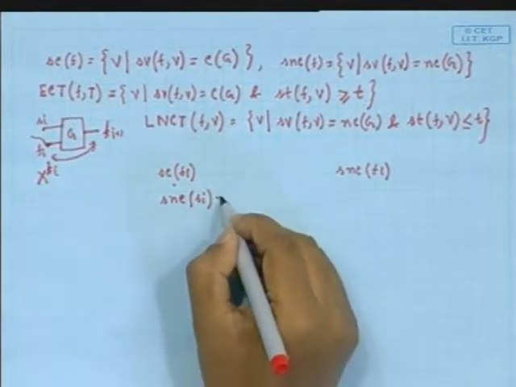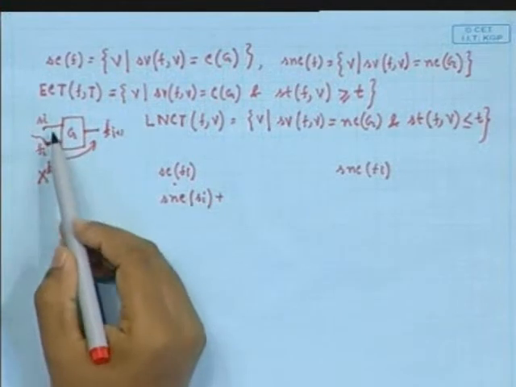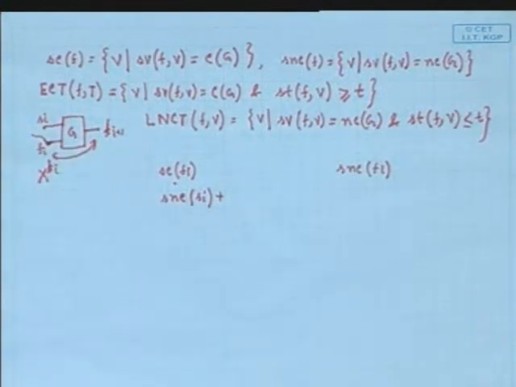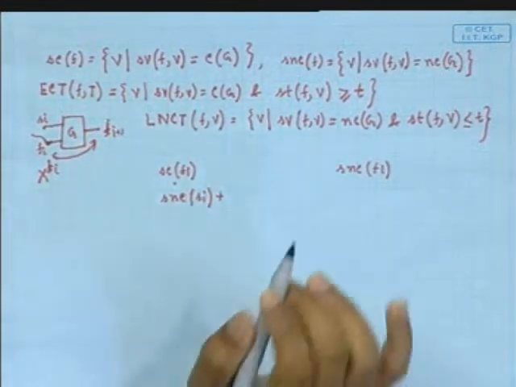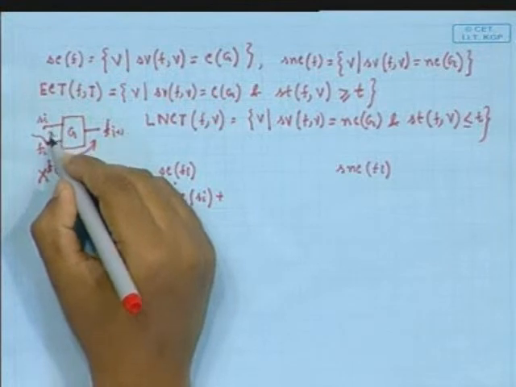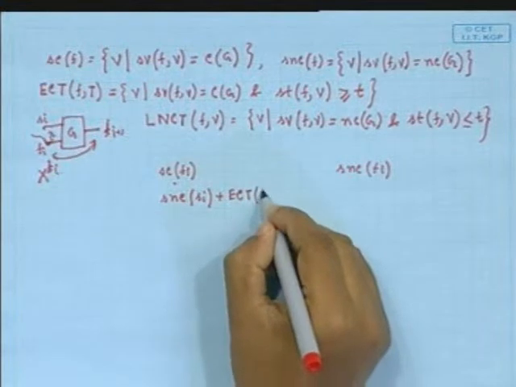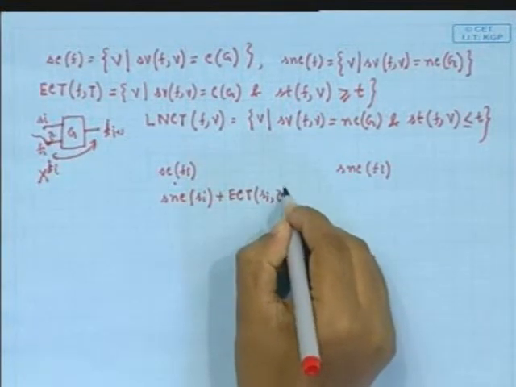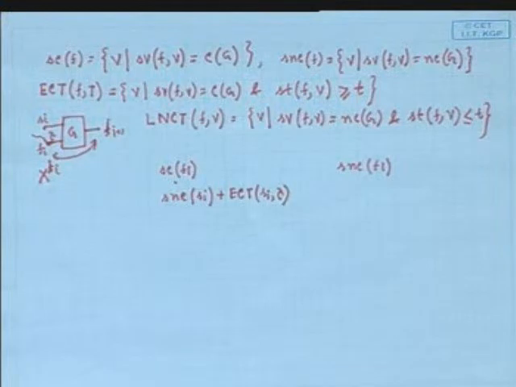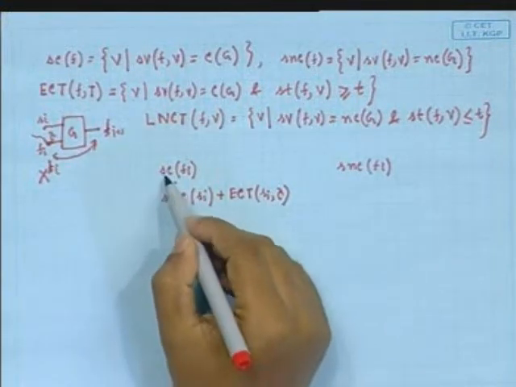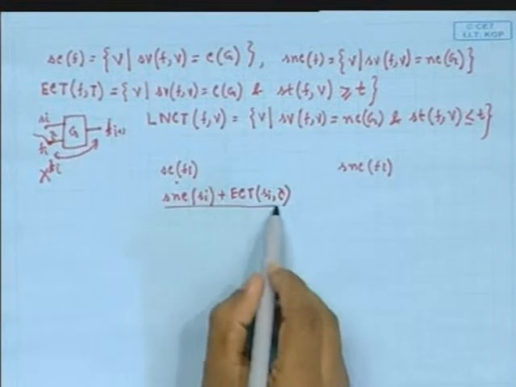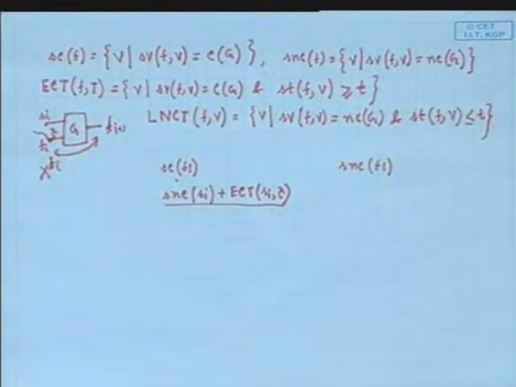The other case that remains is that it stabilizes to a controlling value. That means it has to stabilize later than node Fi. So that is the set of inputs given by ECT. Suppose this delay is called tau here. So for this case, the delay will be determined by the node Fi.